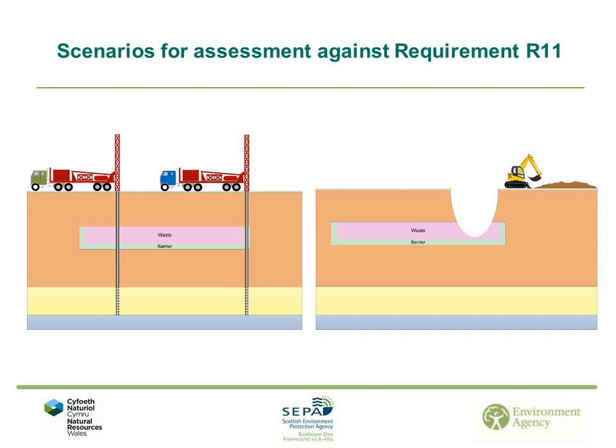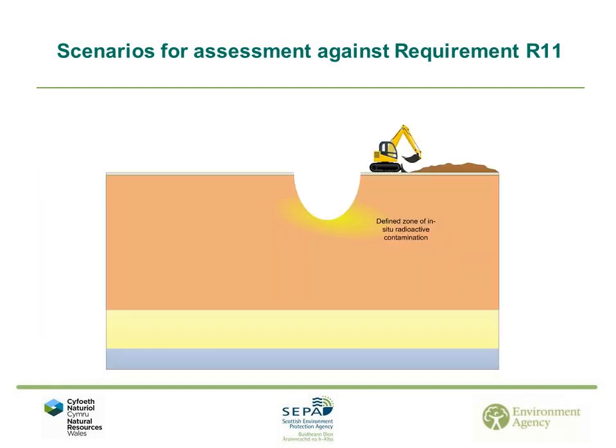This therefore includes intrusion directly into any radioactive waste authorised to be disposed of on site, actions that damage barriers or measures providing an environmental safety function, such as removing material from the cap of a disposal, or intrusion directly into a defined area of radioactive contamination remaining on or adjacent to a site.